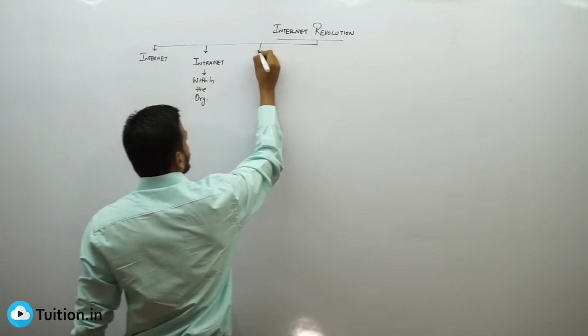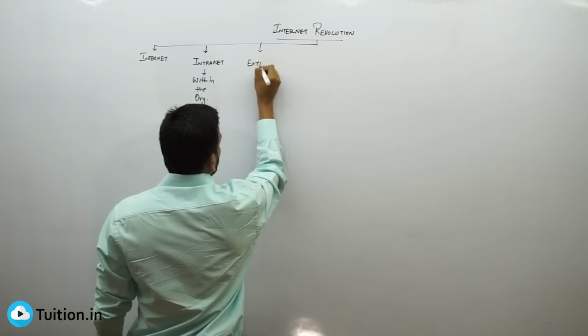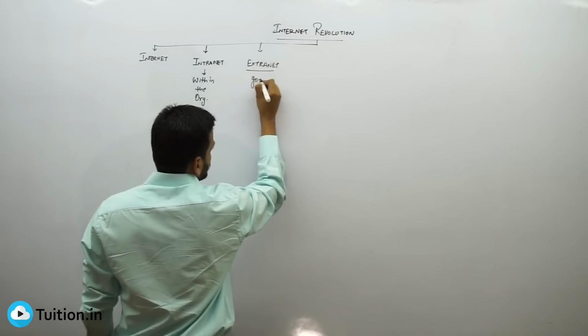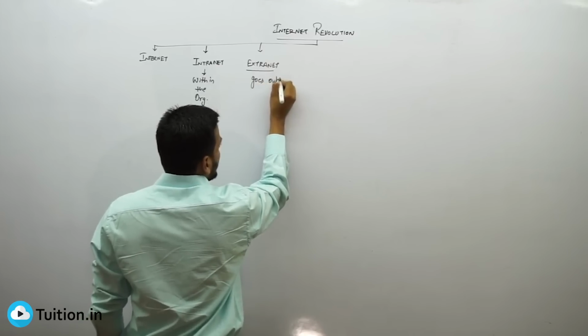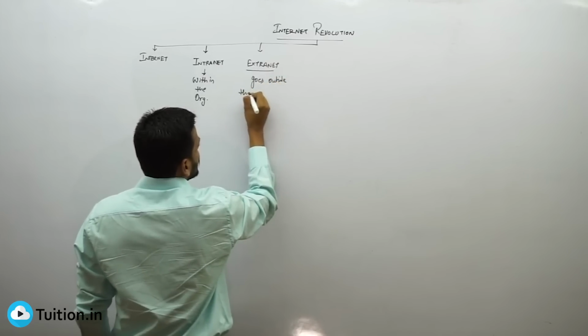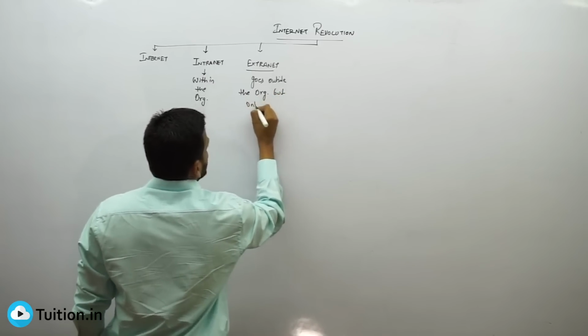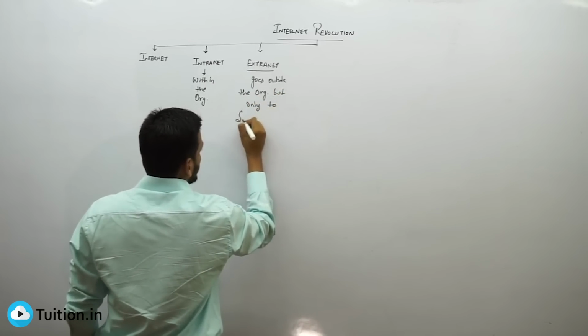And then we have extranet. Extranet is also restricted, goes outside the organization, but only to select outsiders.